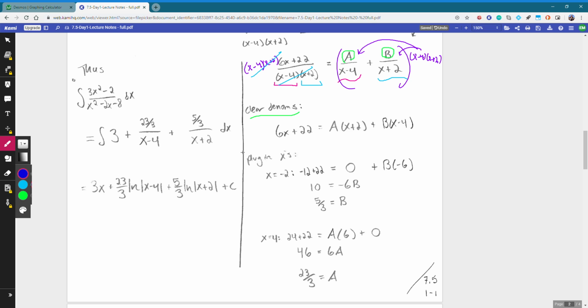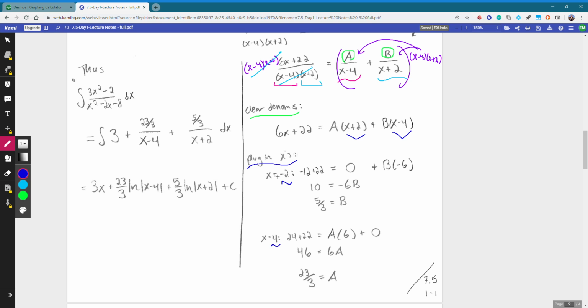At this point, we want to plug in some various x's to get equations that just involve numbers and our unknowns A and B, and figure out what those are. Some nice x's to plug in come from looking at our linear factors here. Looking to kill those off, we can plug in -2 and +4.